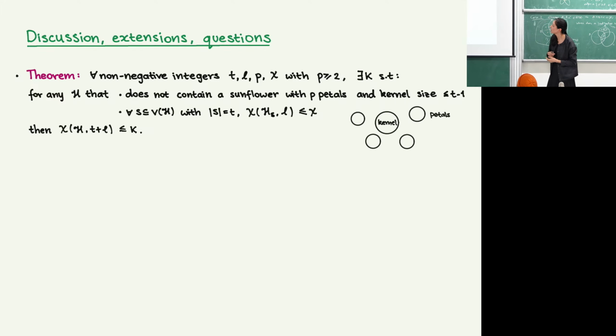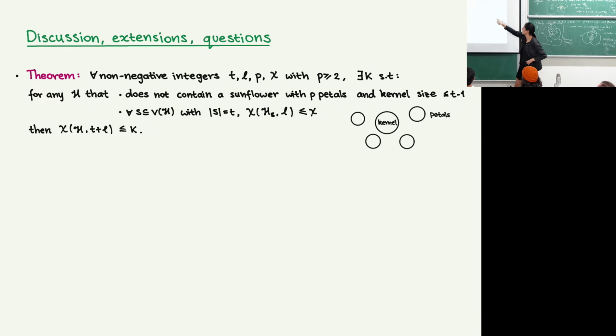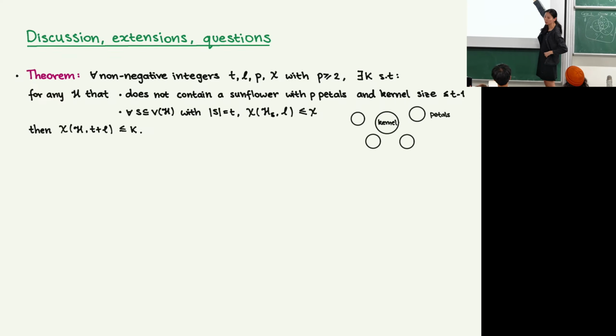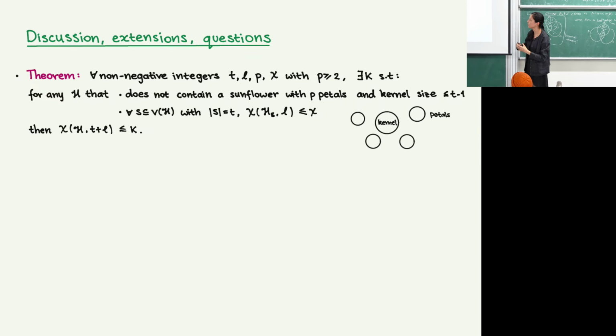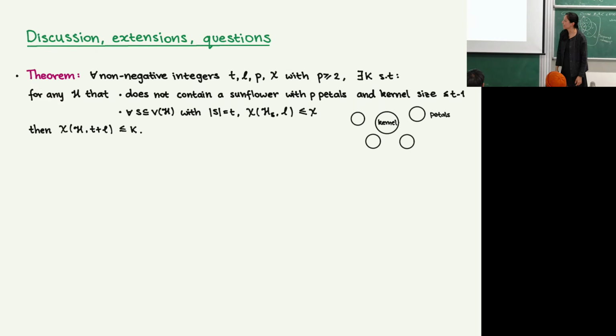It says this. If you have non-negative integers T, L, P, X with P at least 2, there exists some chi such that for any hypergraph H that does not contain a sunflower with P petals and kernel size at most T minus 1, where a sunflower is one in which every set is a petal union the kernel that's common, and the second condition is this link condition, that all the links on sets of size T don't have too big a chromatic number either, then we'd also be fine.